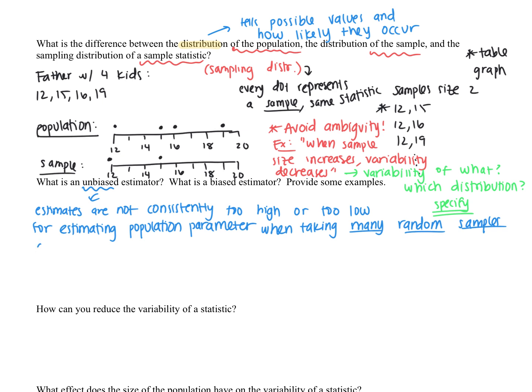On the other hand, biased estimates are consistently higher or lower than the parameter. So like we saw with sample range, most of the estimates were below the population range.